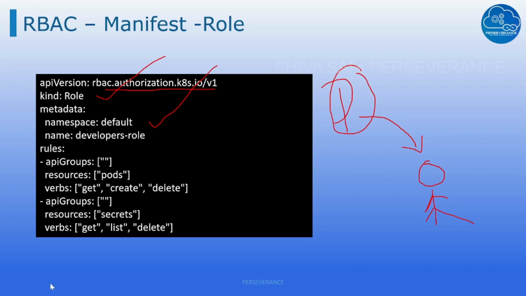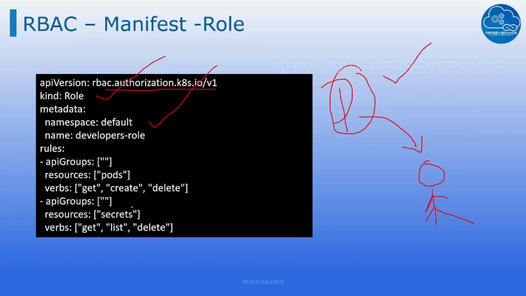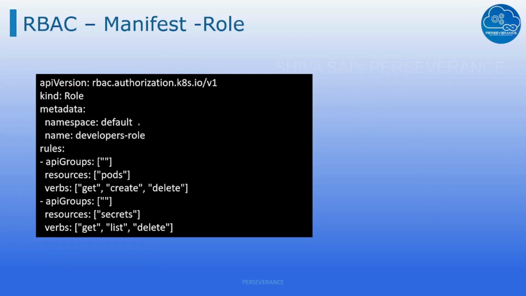Now we are firstly creating the permissions. These permissions are within the namespace default. If you simply see the kind as role, this is at the namespace level, because a cluster role would be at the cluster level. Within this namespace we will be creating developer roles.